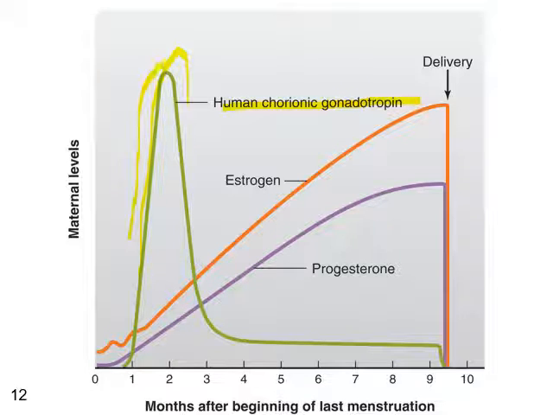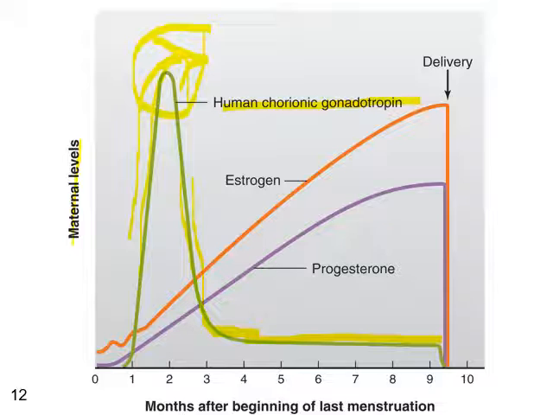So the level of chorionic gonadotropin in maternal blood increases dramatically at the beginning, and then it falls to a low, stable, but non-zero level throughout the rest of pregnancy. It is this spike in chorionic gonadotropin and the sustained high level of chorionic gonadotropin that sustains the corpus luteum throughout pregnancy.